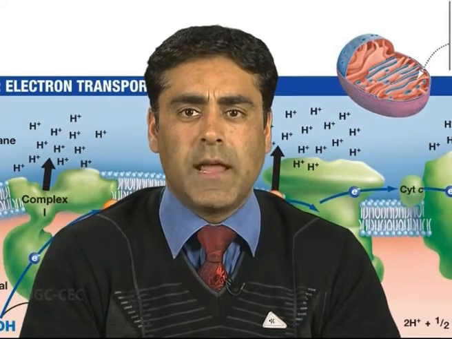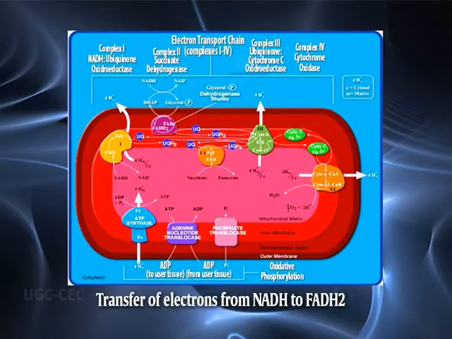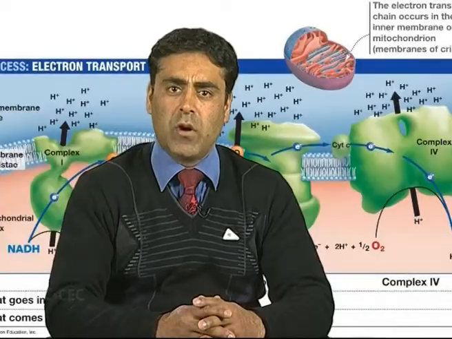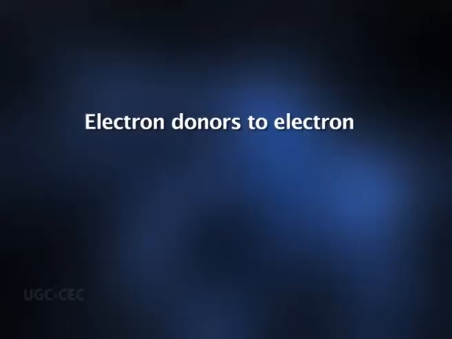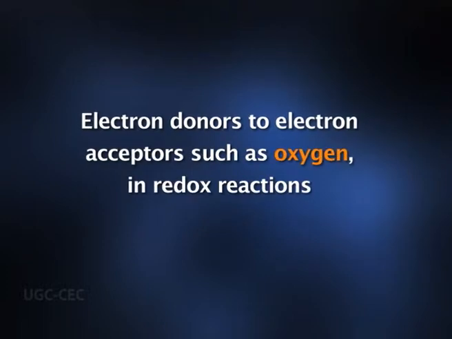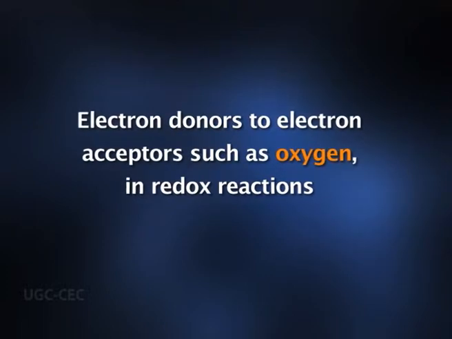The vast majority of the ATP, that is 90%, comes from the energy in the electrons carried by NADH and FADH2. During oxidative phosphorylation, electrons are transferred from electron donors to electron acceptors, such as oxygen, in redox reactions.